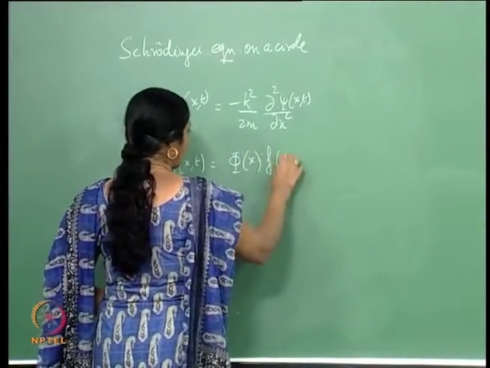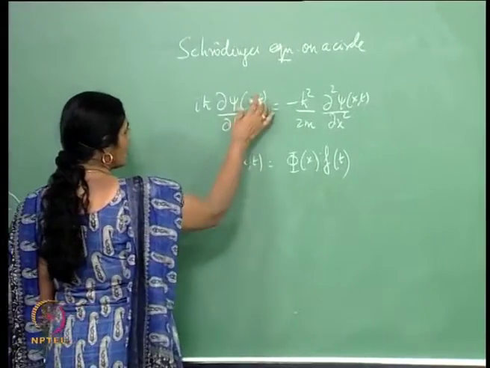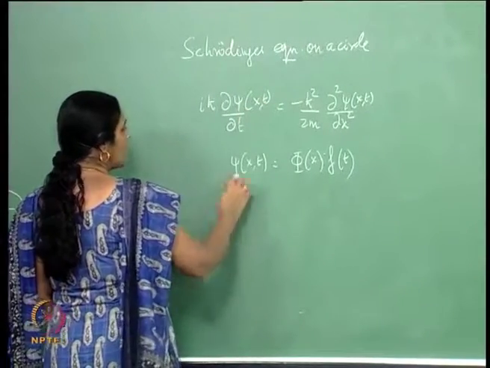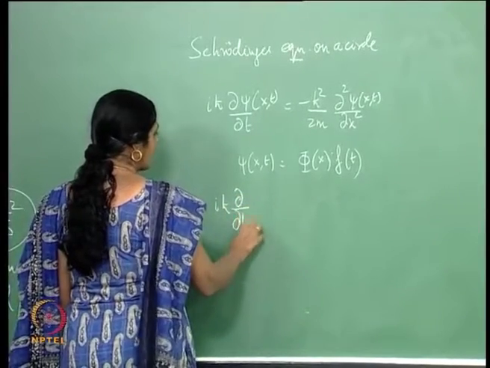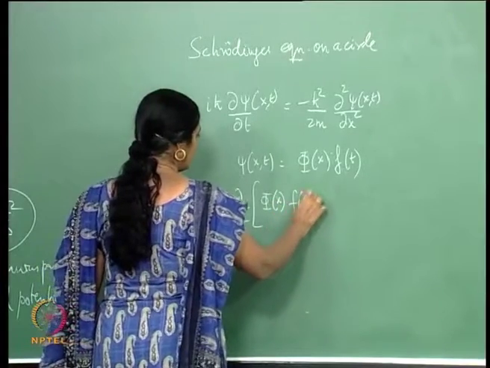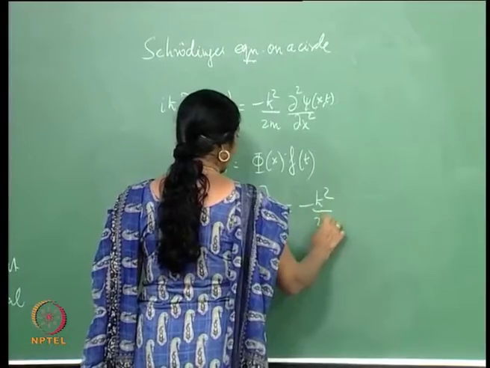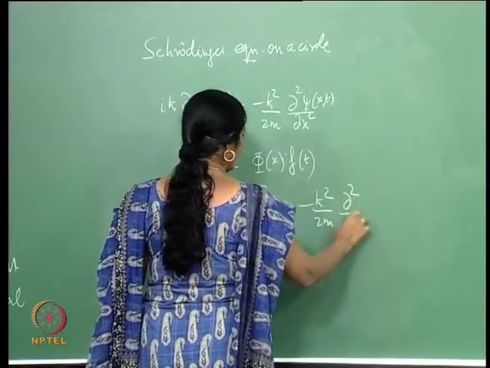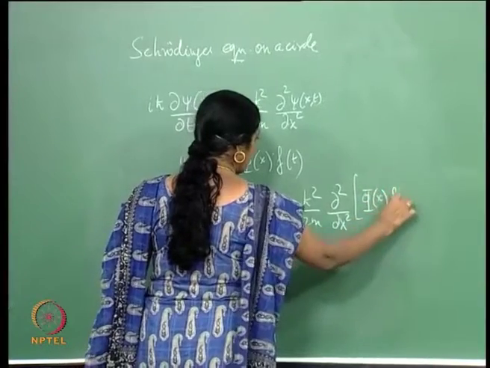And then when you substituted it here, you got two equations. Let us just go through that. Delta by delta t of phi of x f of t is minus h cross squared by 2m delta 2 by delta x squared phi of x f of t.